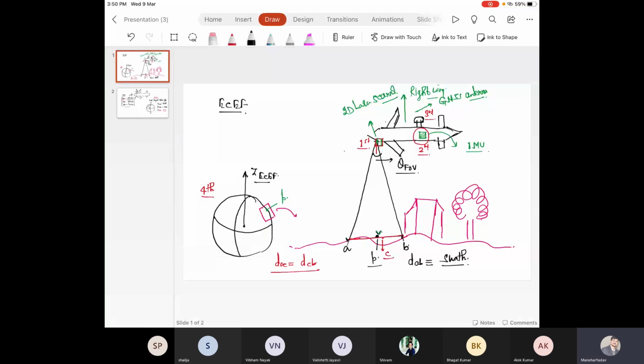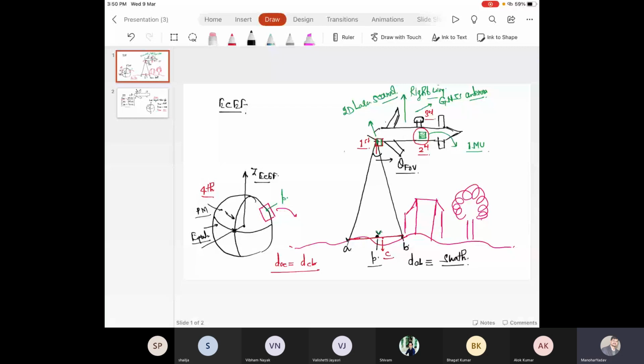X axis, what is this? This is the center of mass of Earth, and this is the prime meridian, and this is the equator. And this is the intersection point. So the line crosses through the center of mass of Earth and this intersection point.